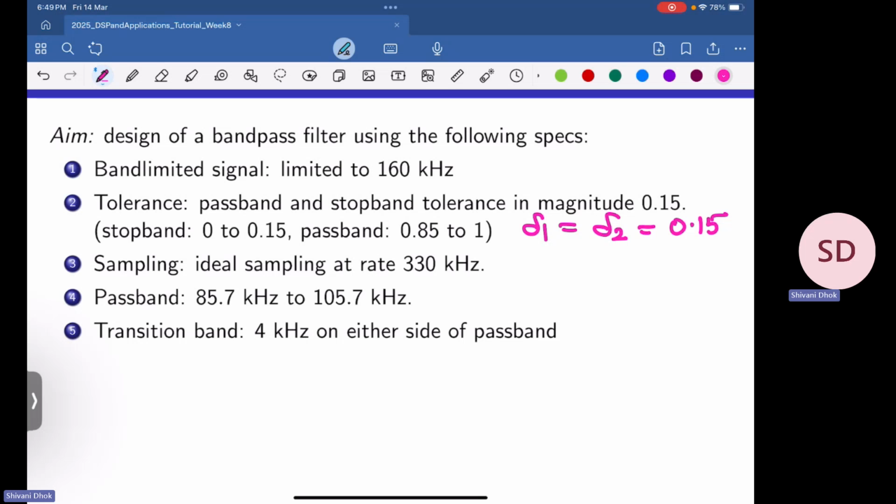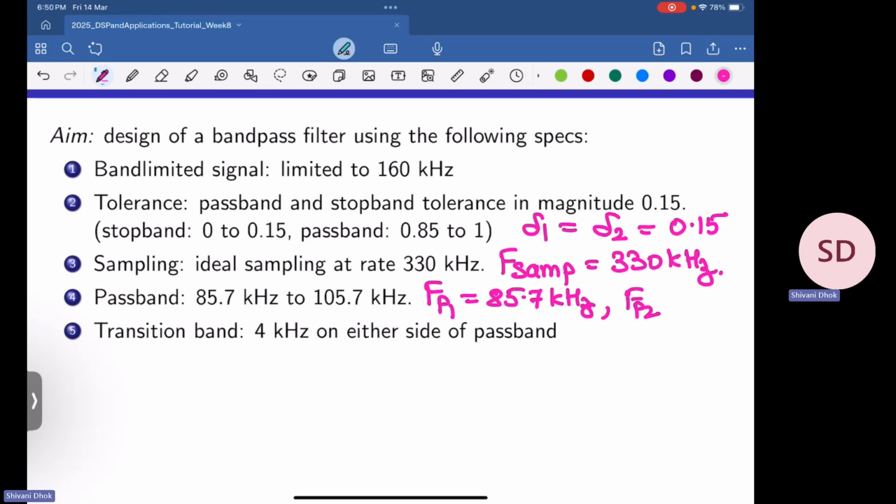Next, we are given ideal sampling at a rate of 330 kilohertz. So this is F sampling, the sampling frequency, 330 kilohertz. Then we are given the pass band edges. The smaller pass band edge, FP1, is 85.7 kilohertz, and FP2 is 105.7 kilohertz.